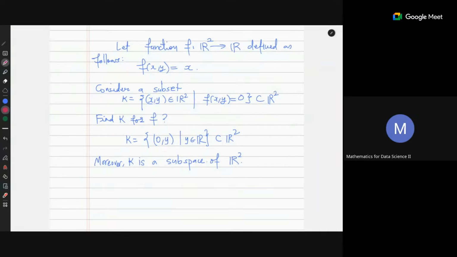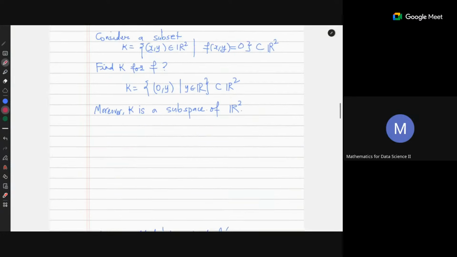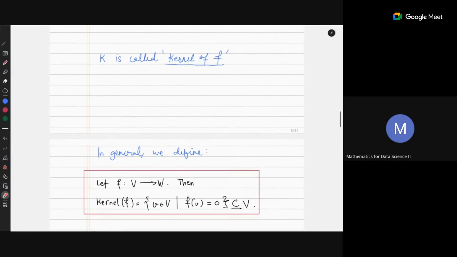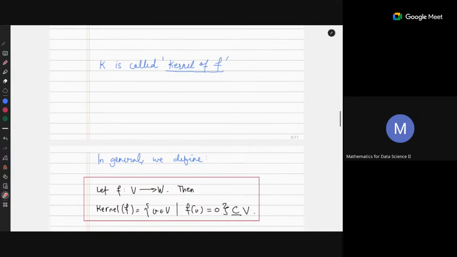We also name this subspace something because it also gives you some important properties. So for a linear transformation, we call this the kernel of F. Okay, kernel of F. In particular, we define the kernel as follows. Suppose V and W are vector spaces, and F is a linear map.